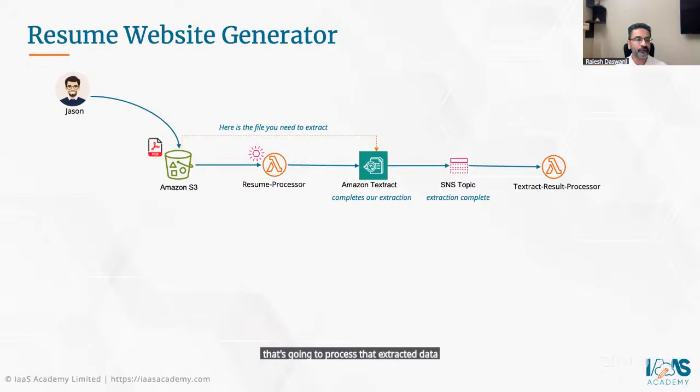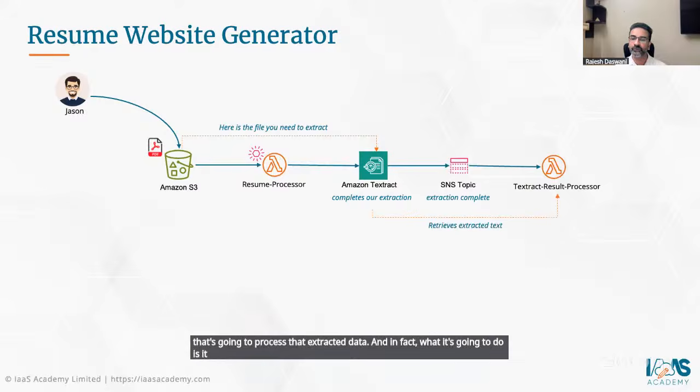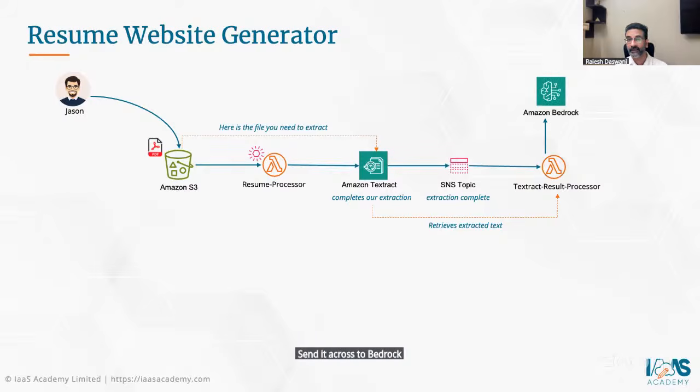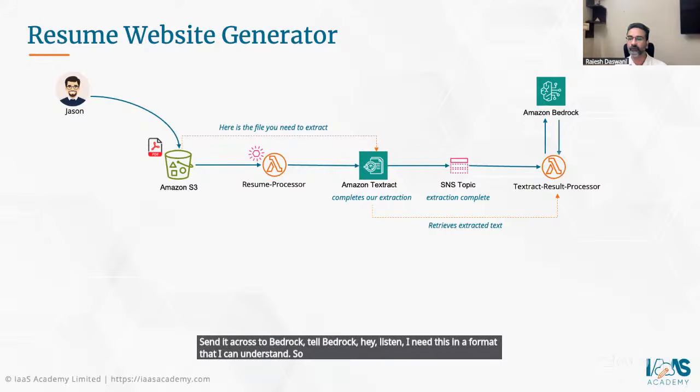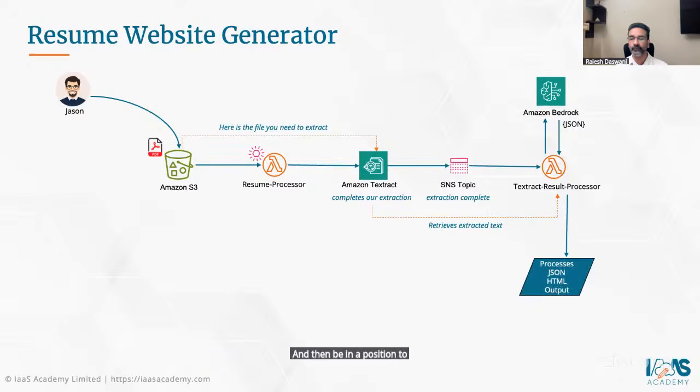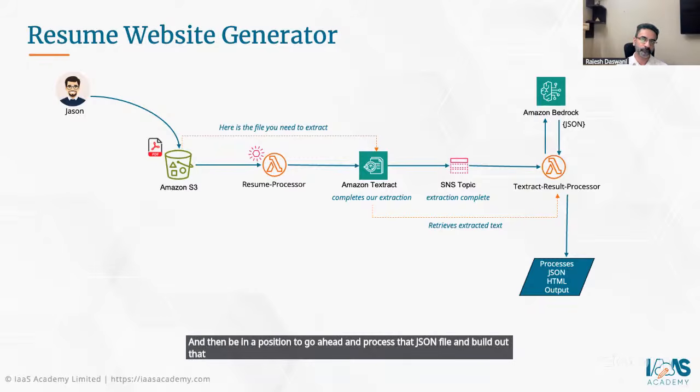In fact, what it's going to do is retrieve that extracted data from Textract, because now Textract has done the extraction, send it across to Bedrock, and tell Bedrock, hey, listen, I need this in a format that I can understand. So we're talking about that JSON format.